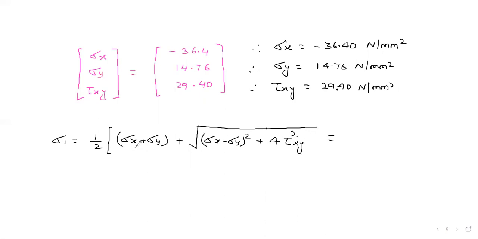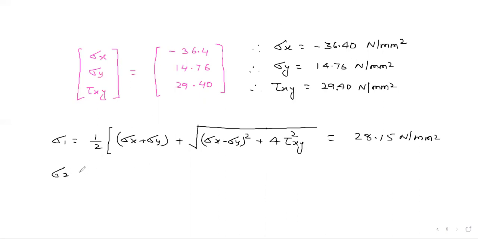We have the sigma x value, right? Minus 36.40. Sigma y value, sigma x, sigma y, tau xy, everything we have calculated. So from here directly we will get sigma 1 value 28.15 Newton per mm square. You just need to put these values, and by using a calculator you will calculate within a second.